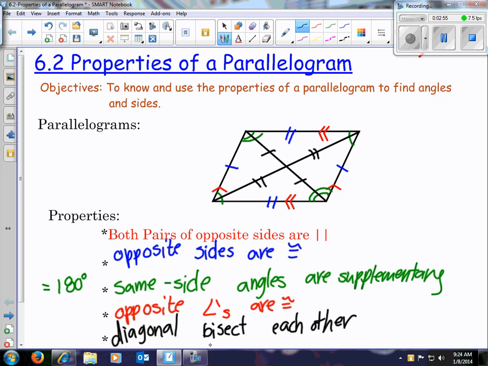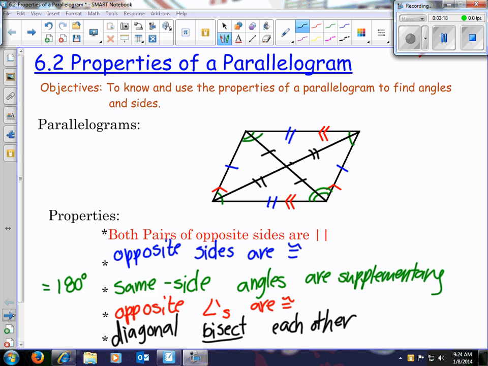Now remember, the word bisect means cut in half. So that means that where they connect, it's cutting the diagonal in half. Now this only works for a parallelogram. If it's not a parallelogram, diagonals don't mean anything necessarily. We just know in a parallelogram that the diagonals bisect each other.